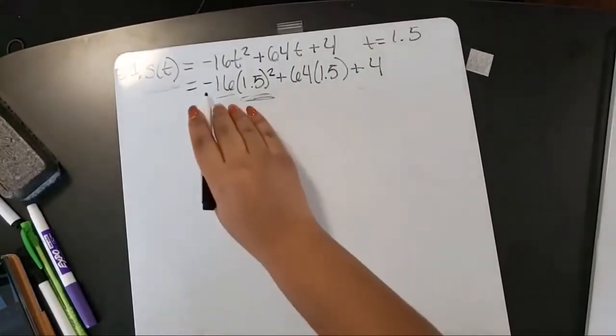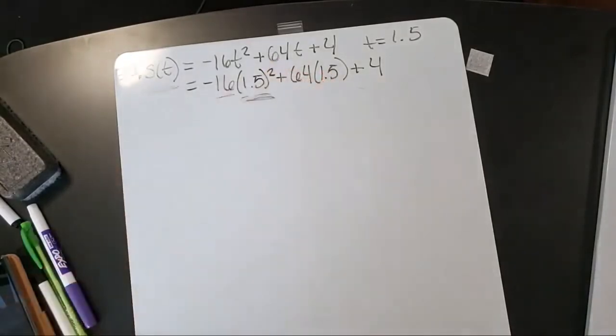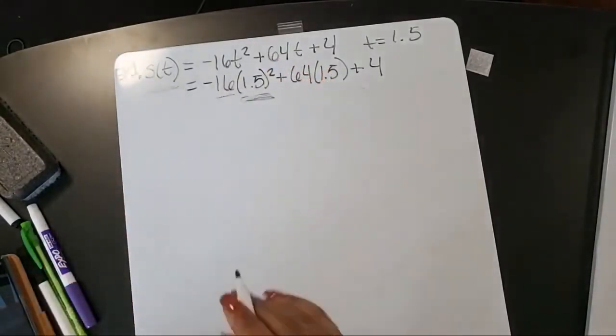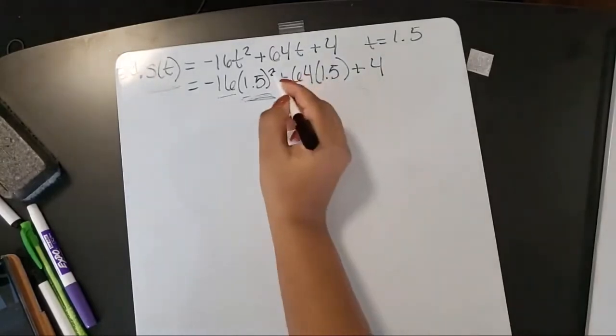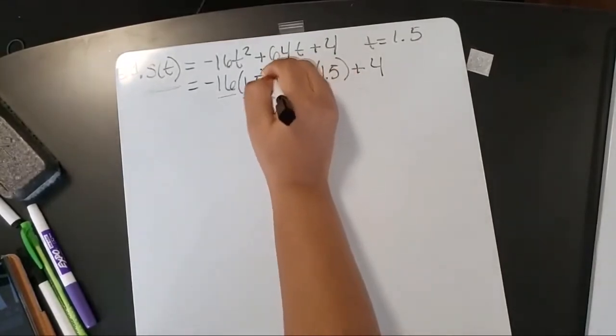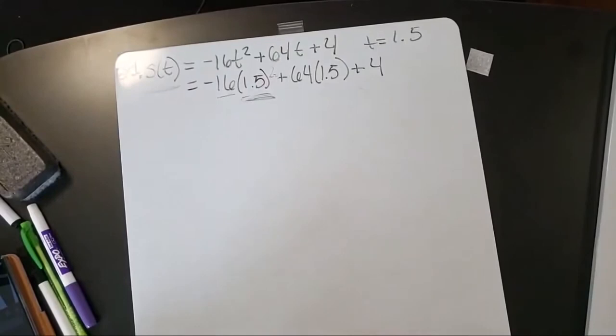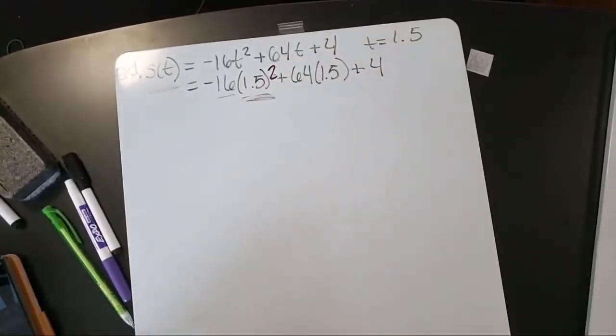If you multiply that negative 16 times that 1.5 and then square it, I promise you it will be absolutely wrong. Please do not do that, okay? I beg of you. So you have to do the exponent first, all right? You want to square it first. Please square it first, okay? Like I said, I beg you to do that.